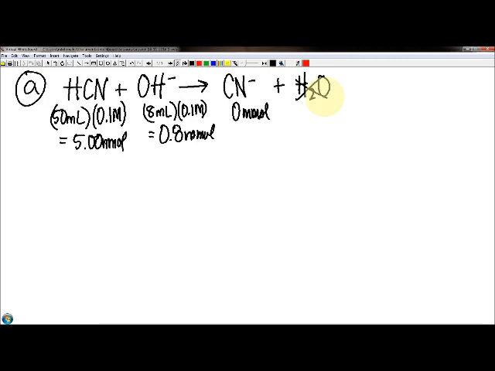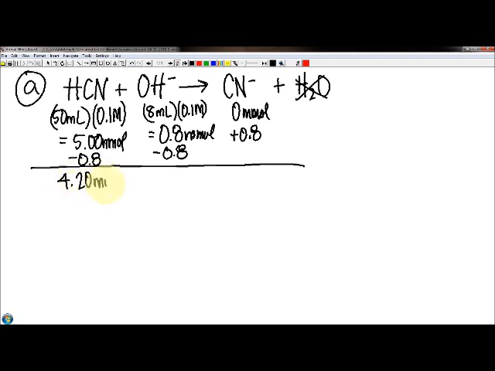So now we need to subtract on the reactant side and gain on the product side, so we're going to subtract 0.8 millimoles from both reactants and add it to the product. After the reaction takes place, we now have 4.2 millimoles of our acid left.